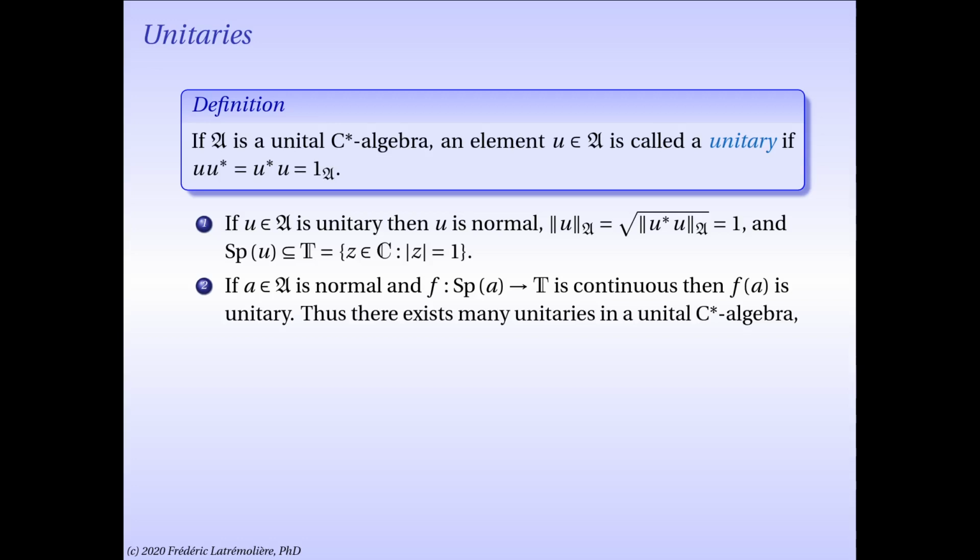Certainly, since there are a lot of normal elements with non-trivial spectra, and you can find a lot of continuous functions from the spectra of those normal elements to the trigonometric circle, we have an ample collection of unitaries in a unital C-star algebra.